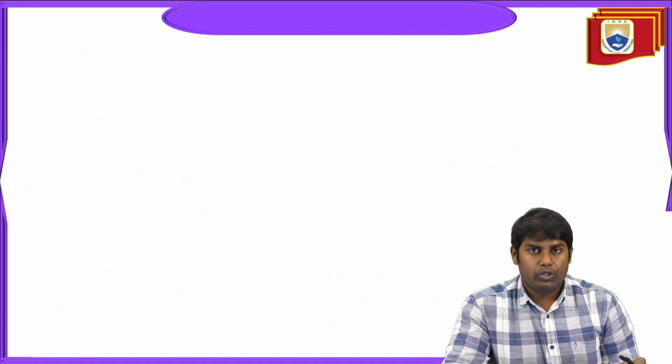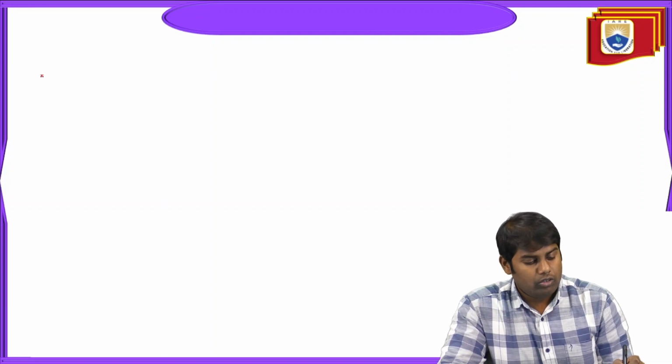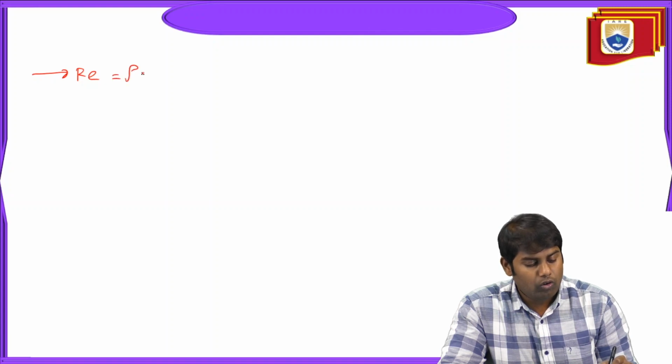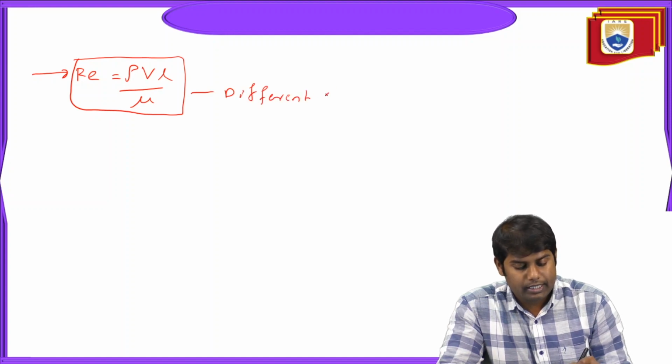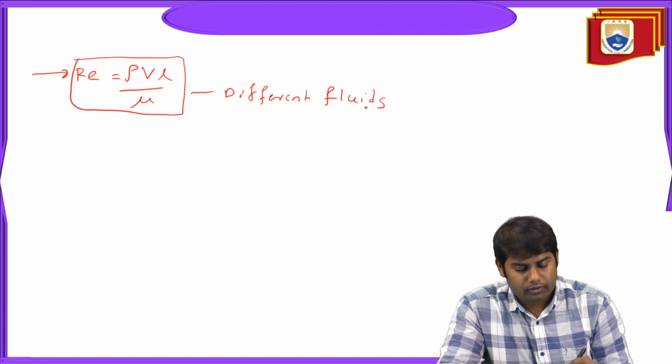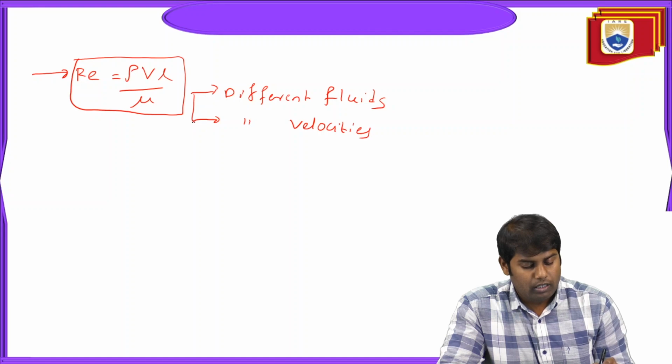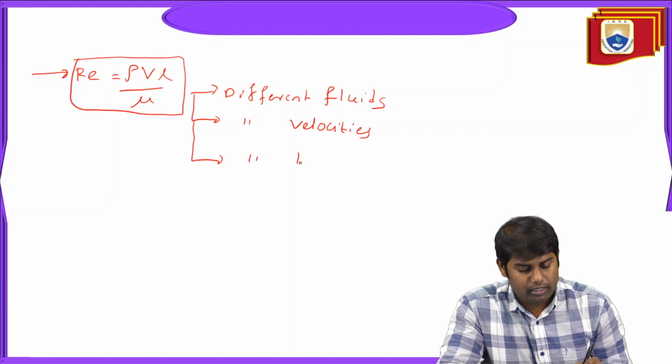The major conclusion we see here is that the Reynolds number, Re equals rho V L by mu, plays a key role in comparing different fluids, different velocities, and different lengths.